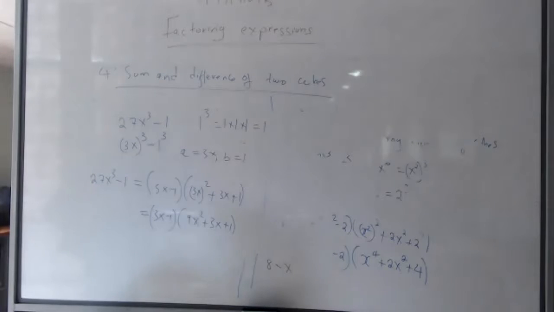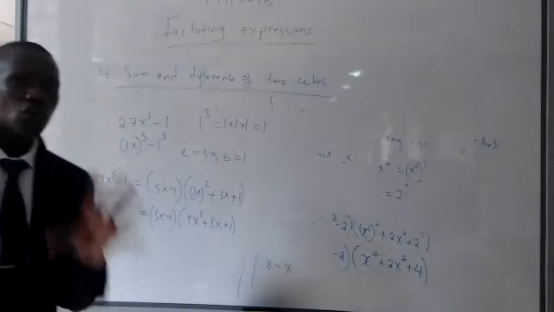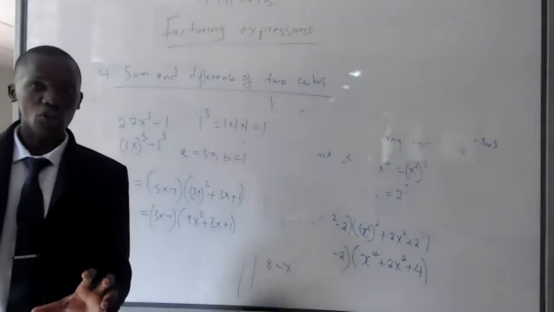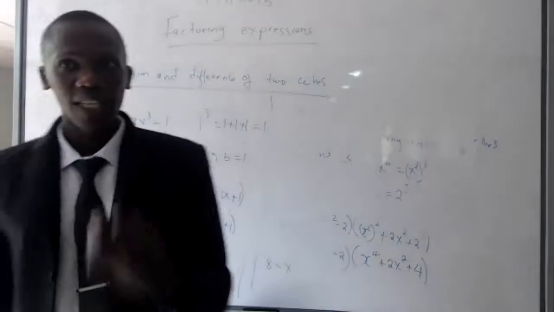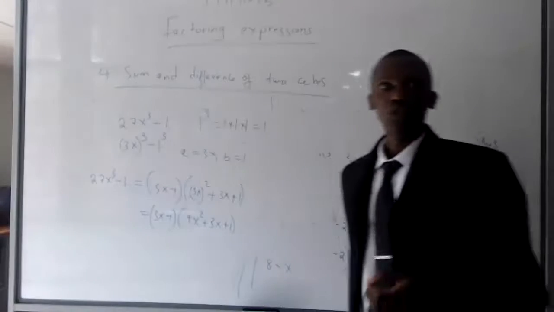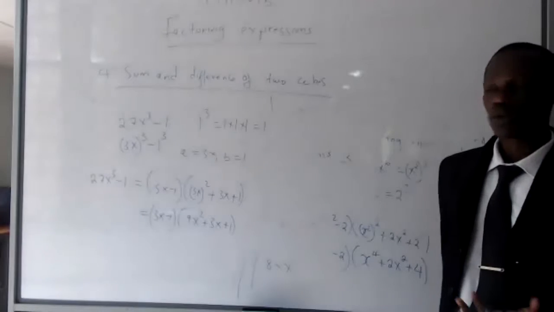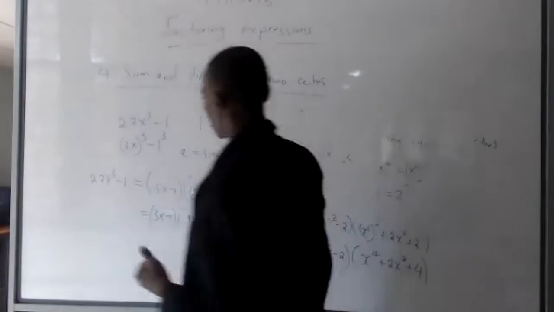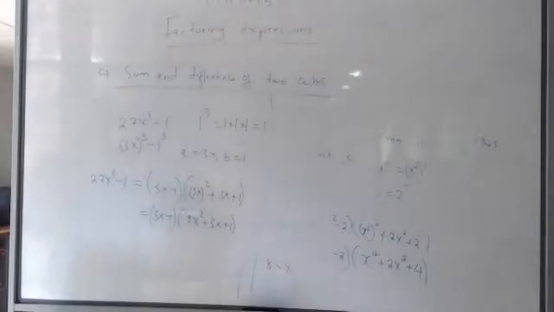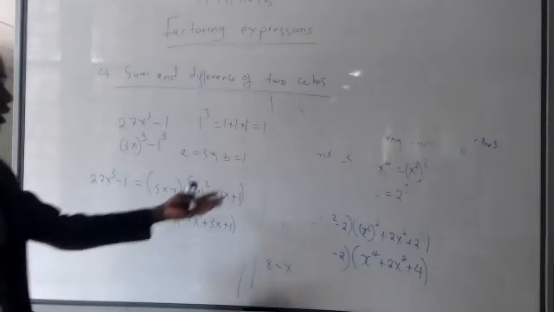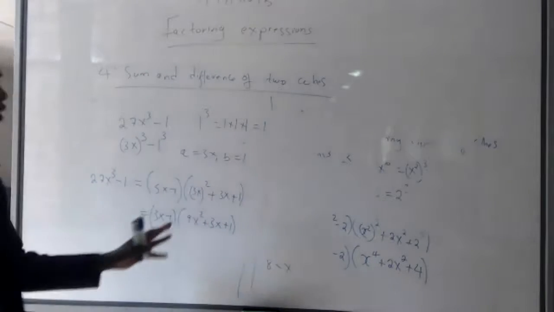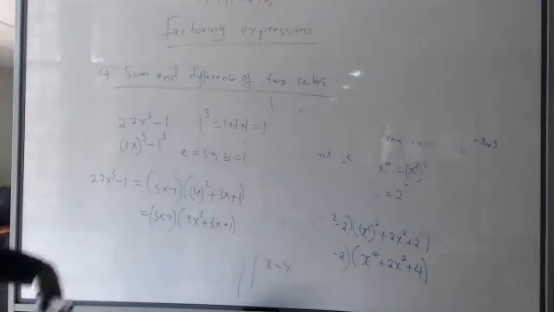But just to warn you that not all polynomials can be factored. There are some which cannot be factored, and we will refer to them as irreducible polynomials or expressions. But that should not worry you. To test your understanding, I'll always give you expressions which I have worked out and seen that they can be factored.